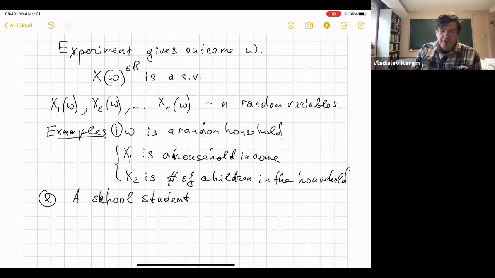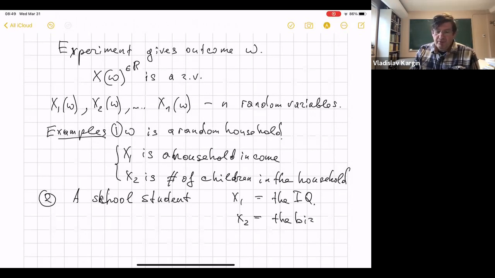You can measure the IQ of this student, and you can also look at the history of the student and see what the weight of this kid was at birth.